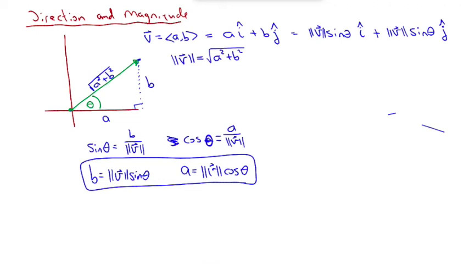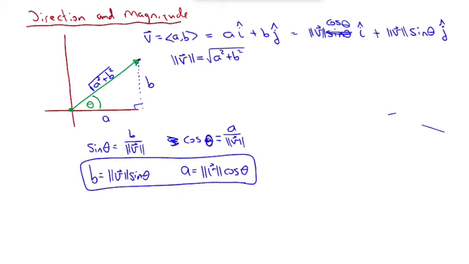Wait, one of them's wrong. The i component should be cosine of theta. Cosine always goes with the x coordinate. It'll always be the first one.